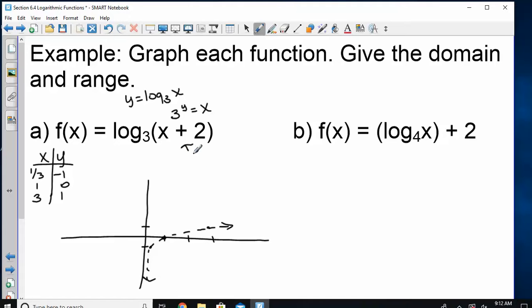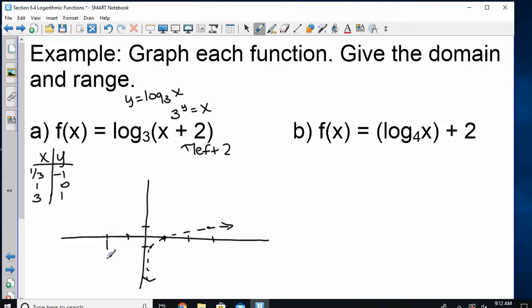What will this plus 2 do? It's attached to the x, so it goes left 2. Now, when we had exponentials, if we moved them up or down, we had to move our asymptote. If I have logarithms, when we move left and right, we're moving the vertical asymptote. So if I go left 2, my vertical asymptote was at 0.